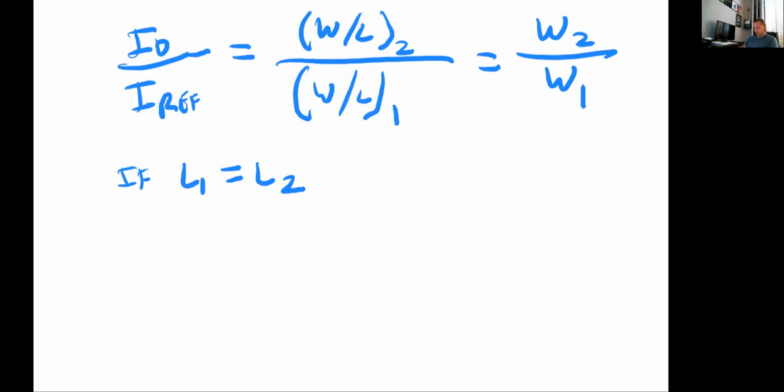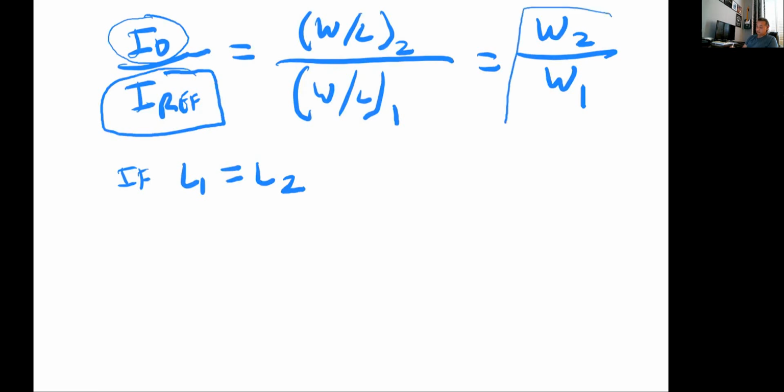So now I can set any output current that I want, and if this is a good value, by just having the appropriate ratio of the widths of the transistors, I can get good values of output currents for whatever I want. Okay?